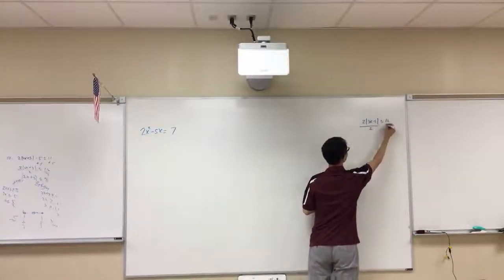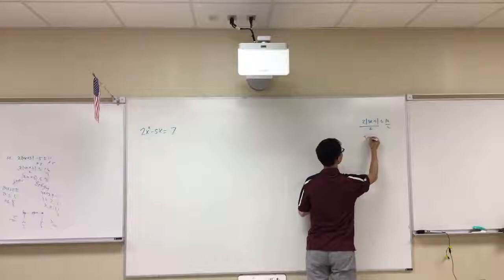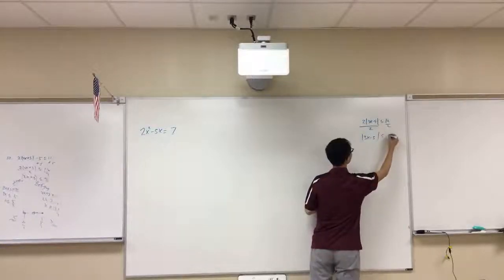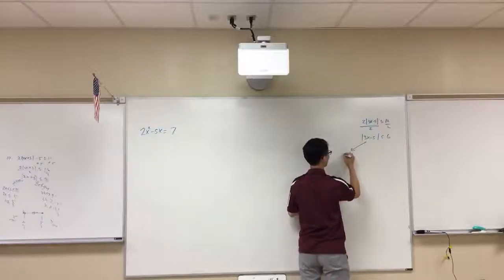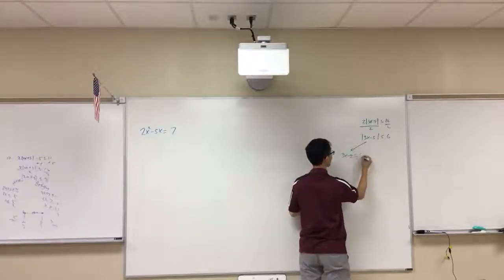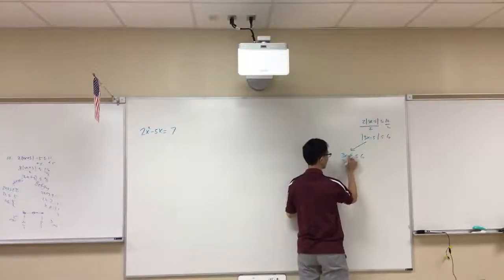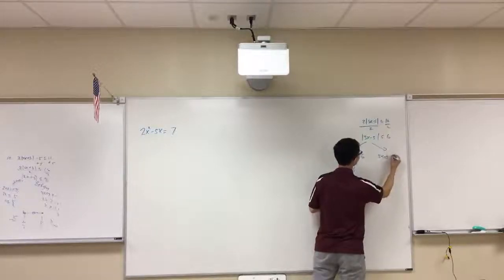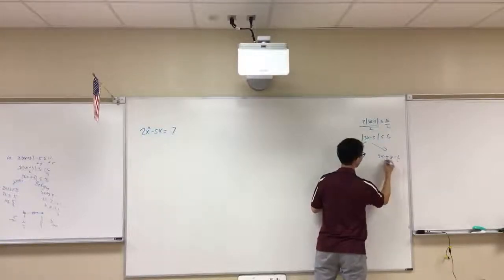I just have to divide by 2, right? That's isolating, right? The absolute value less than 6. So 3x minus 5 less than 6. 3x less than, plus 5, is 11. x less than 11/3. Flip and change, so it'll be 3x minus 5 greater than negative 6.